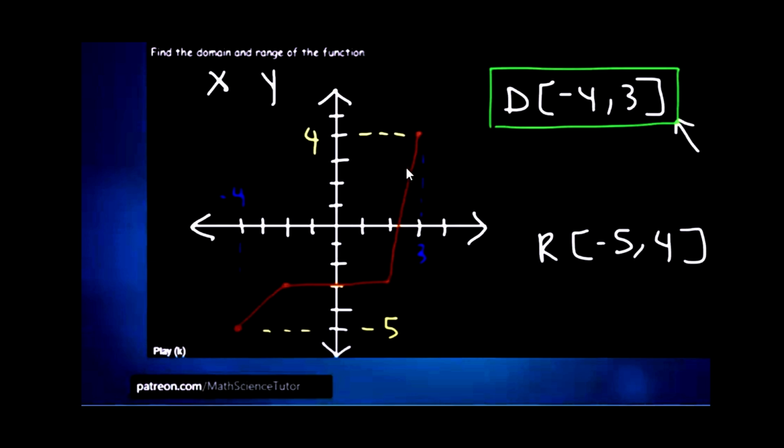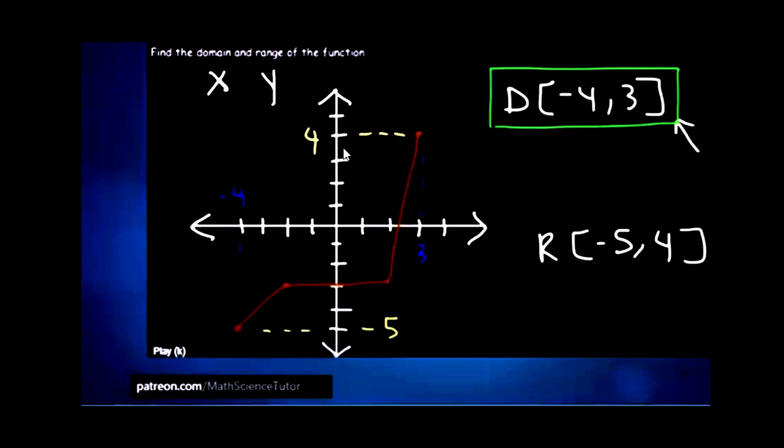Again, think of it as if you stood right here and threw a bucket of water upwards in the air and it happened to land and form this shape. The domain would represent how wide that spill was. So it's from -4 to 3, and it actually includes both -4 and 3 because the edge of that spill touches these endpoint values on the x-axis, okay?